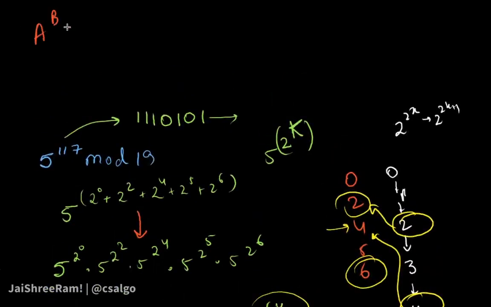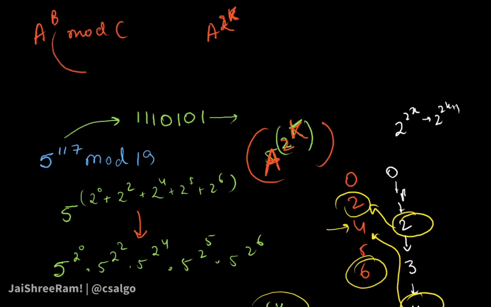a to the power b mod c. Okay, now what is the largest, sorry, this would not be 5 anymore, this would be a. Okay, so what is the largest a to the power 2 to the power k you are going to need in this computation? The largest power of 2 in this b would be the value of k, right?